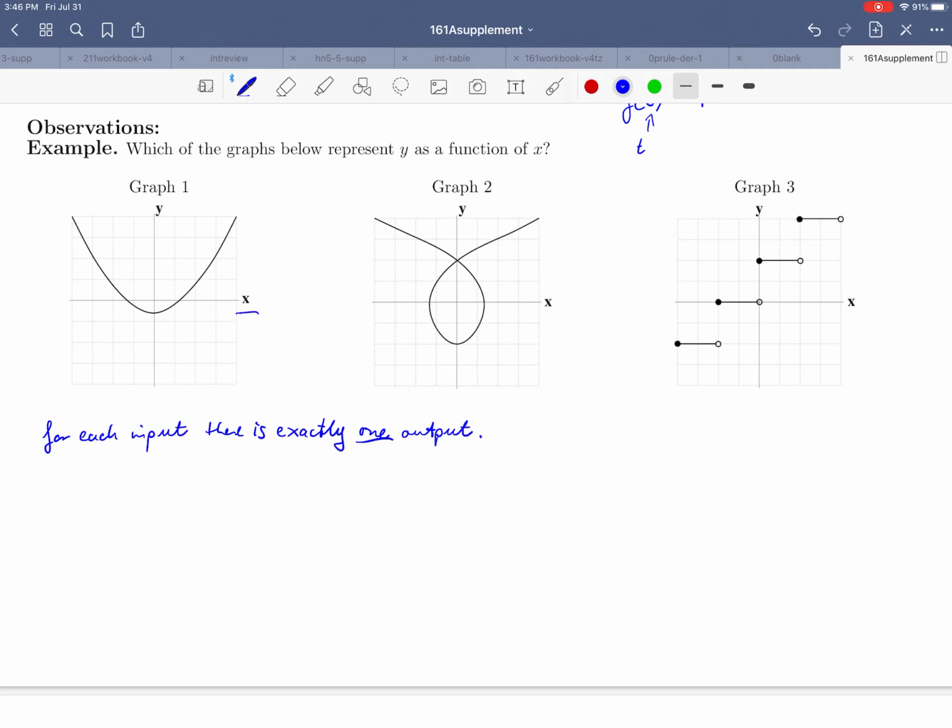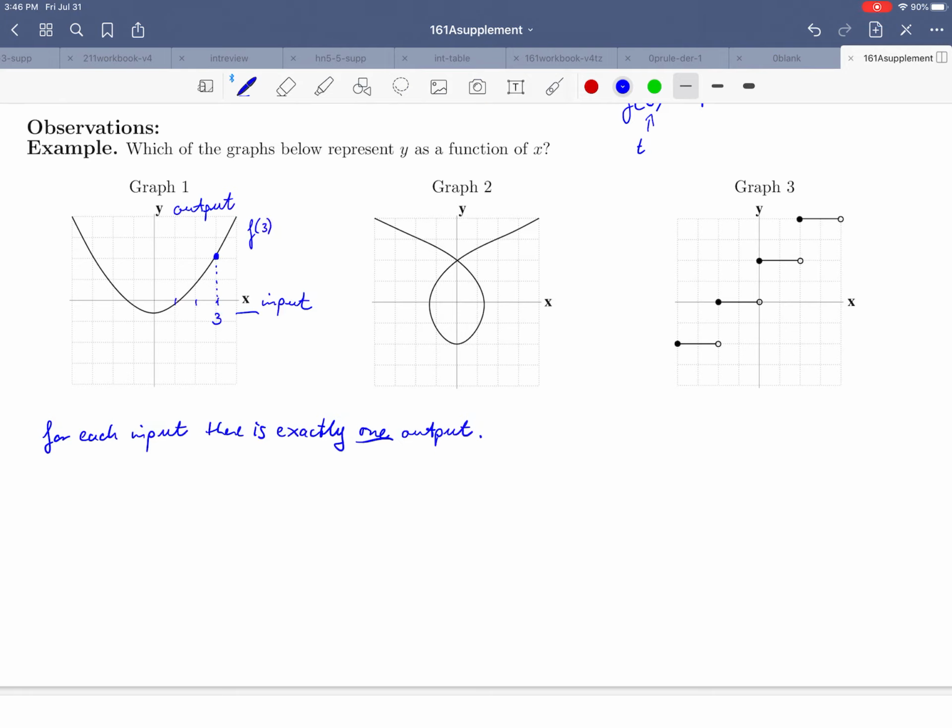In the graph, we see the input on the horizontal axis and the output on the vertical axis. So for our first function right here, we can see that if this is 1, 2, 3, if this is 3, we could, for example, go up here and look, what is f of 3? And we could estimate that.